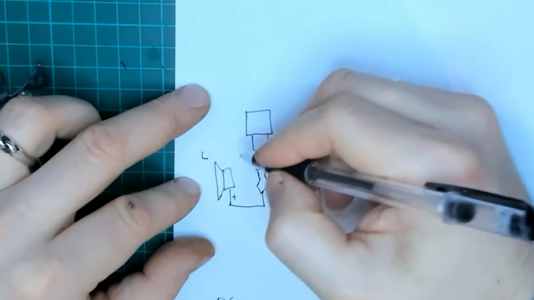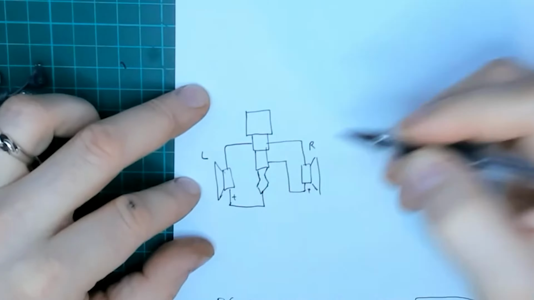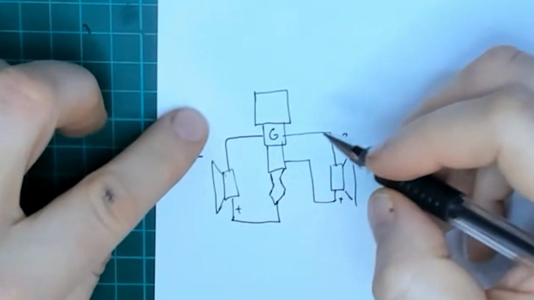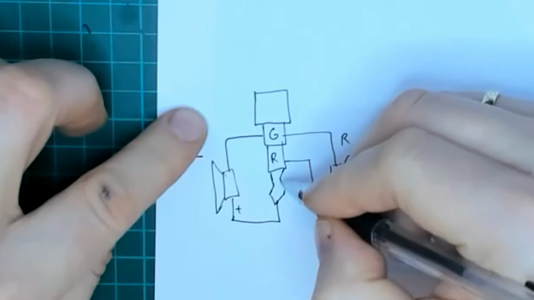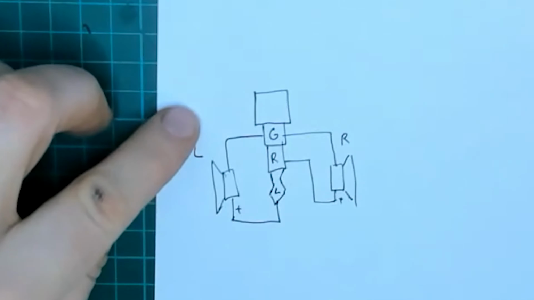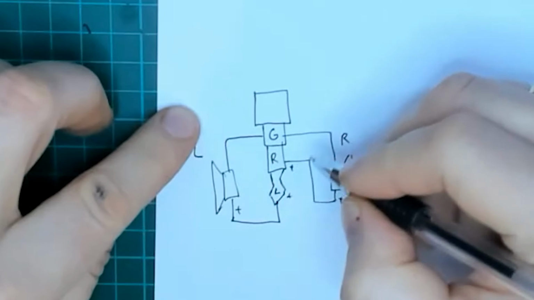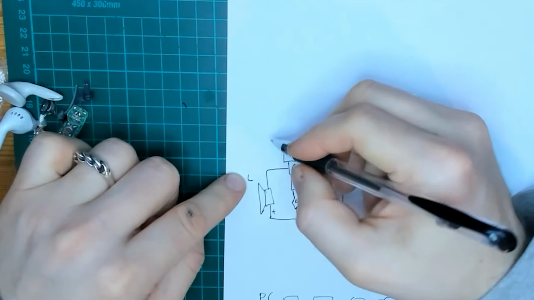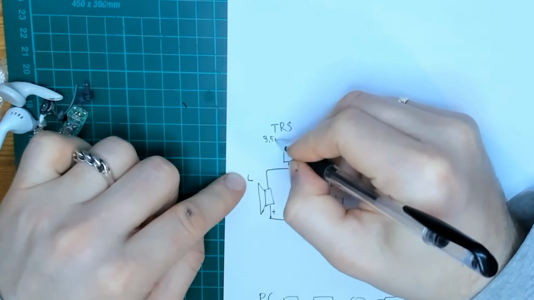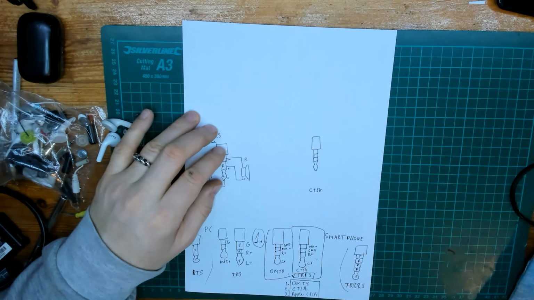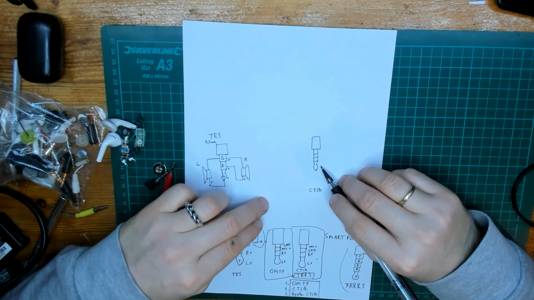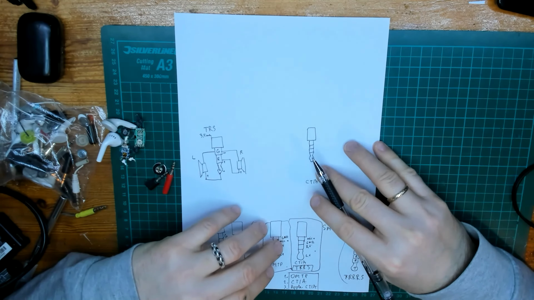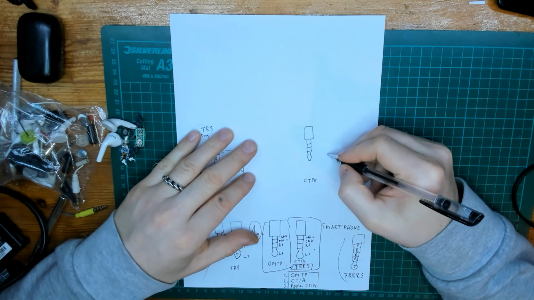So left, right, and that's it. Here you have a ground, here you have right and left, plus of course. Minus is connected here. And this is for the TRS 3.5 millimeter headphone jack. So in case of this TRS CTIA connector, the circuit will be as follows.